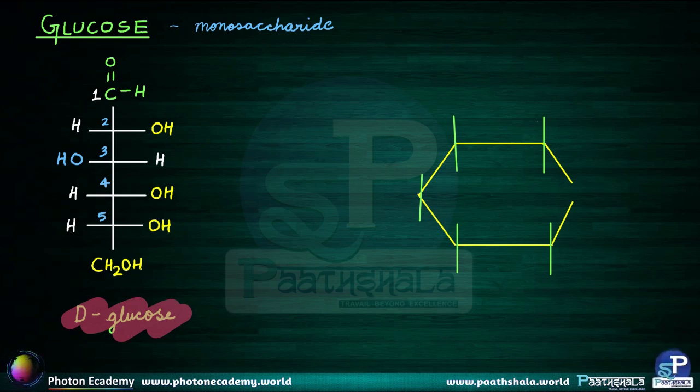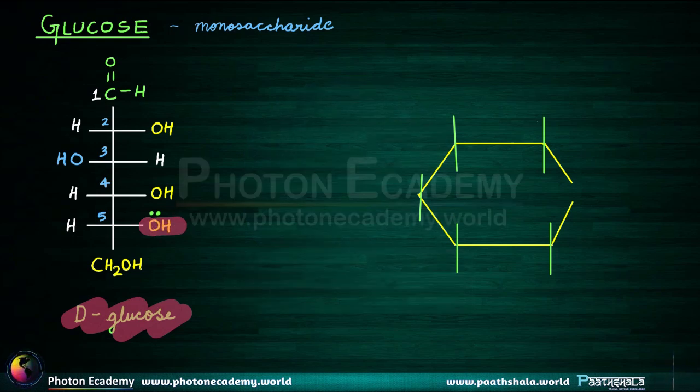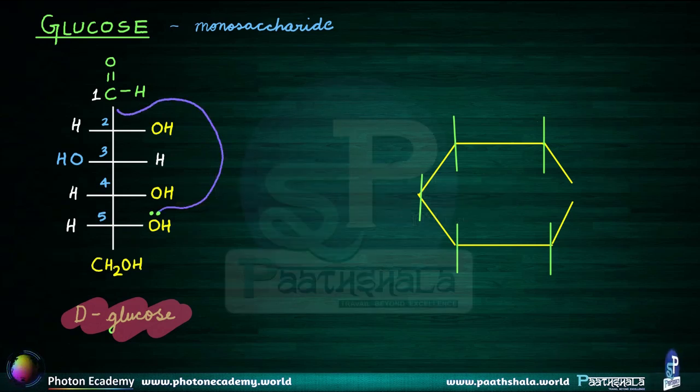Because what I'm going to do next is take the lone pair of this OH group. These lone pairs are going to attack my CHO group, that is the aldehyde group.